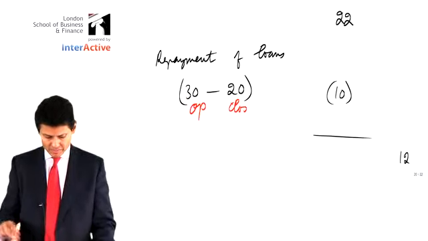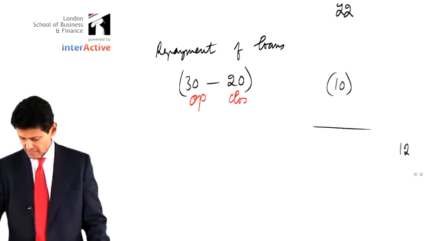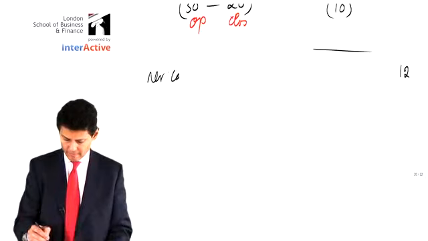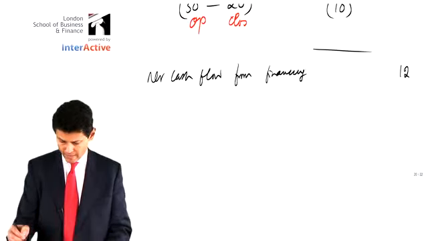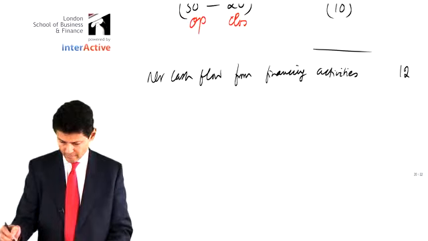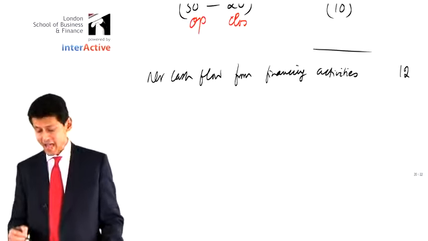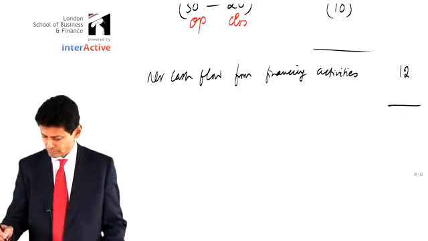That 12, of course, is the net cash flow from financing activities. So let's write that in. Net cash flow from financing activities. And needless to say, if you added that up, I've given myself probably a little bit too much room.